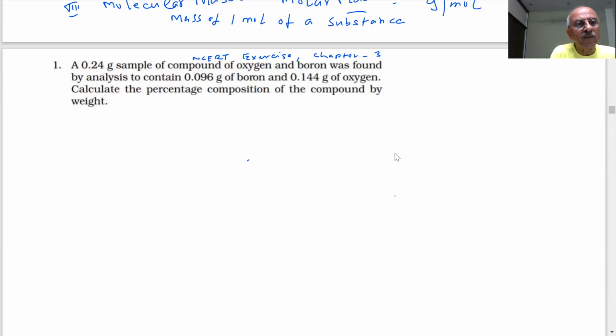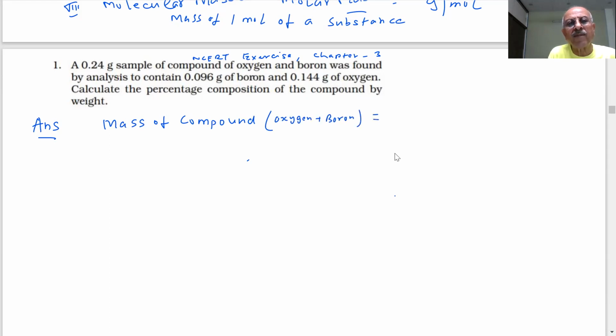How do I answer such questions, students? We must be able to write all the steps. 0.24 gram of a sample of a compound. Mass of the compound. How much is the mass of the compound, students? This compound contains oxygen plus boron. 2 things are present. What is the mass of the compound? 0.24 gram.